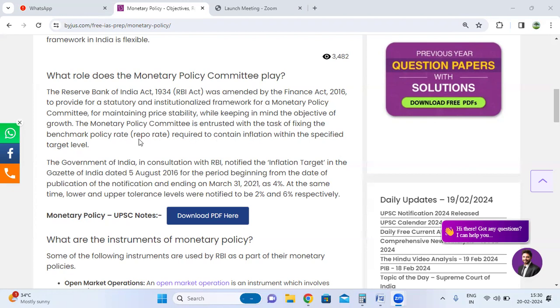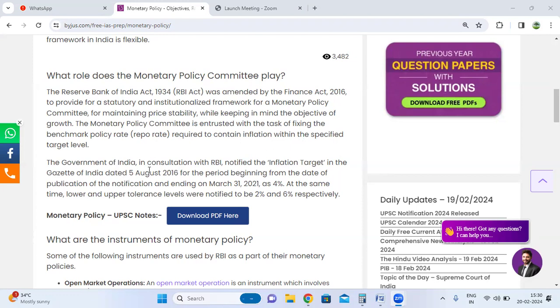The repo rate is the rate at which the RBI lends to financial institutions or commercial banks.